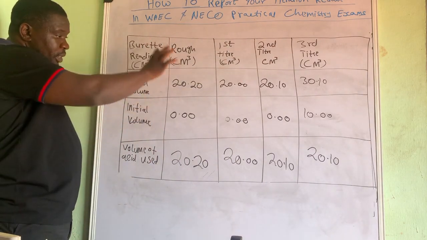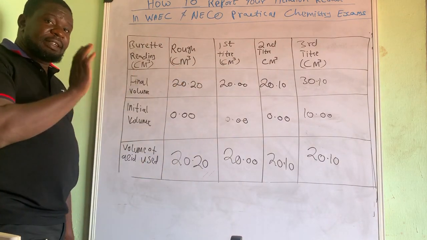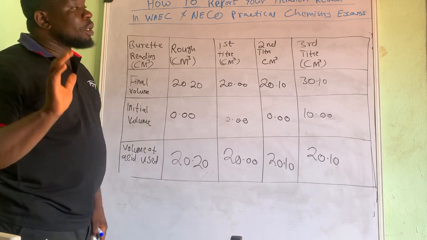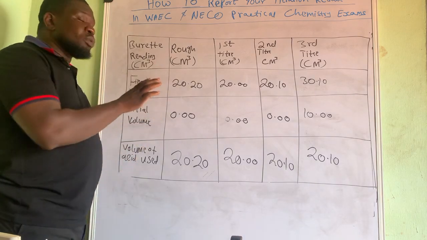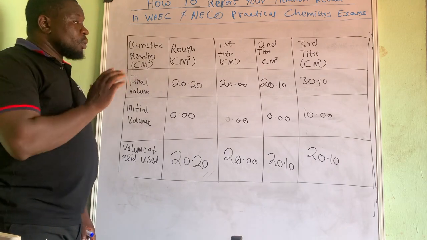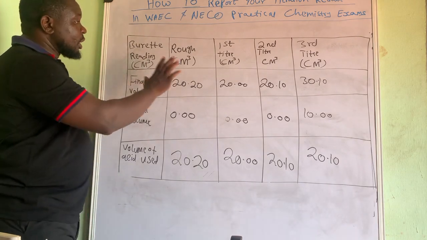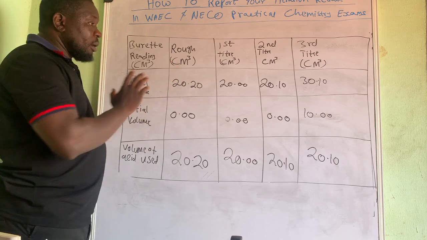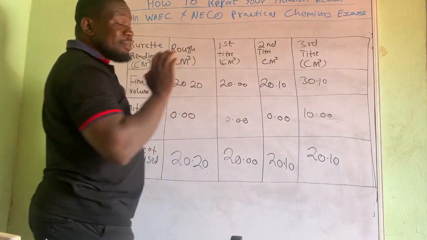So from this table, all your reports are written clearly, so all the marks allotted to this table and to your reporting would be given to you because it is clear and well reported with the whole unit in place.